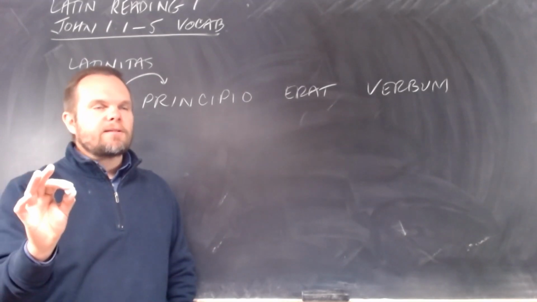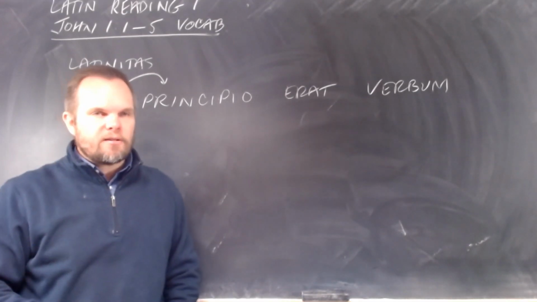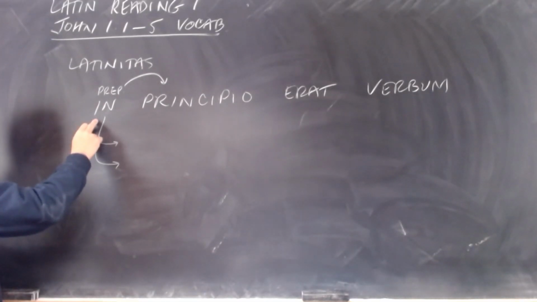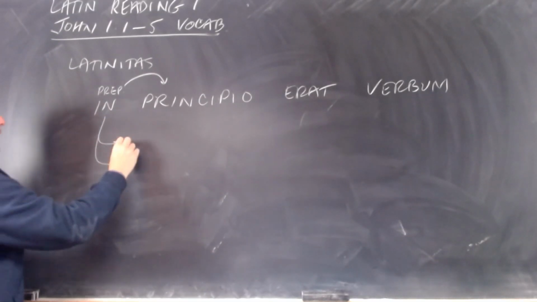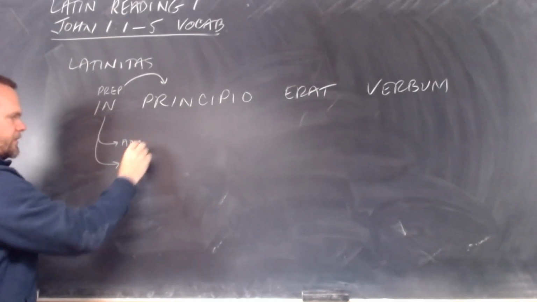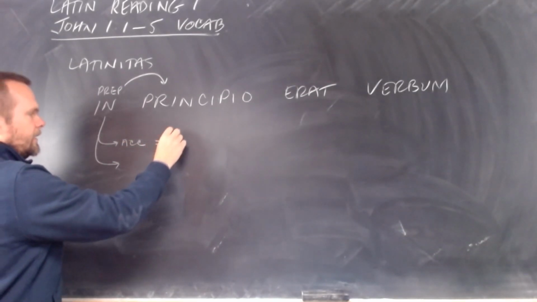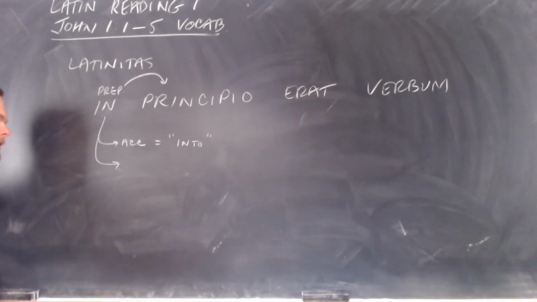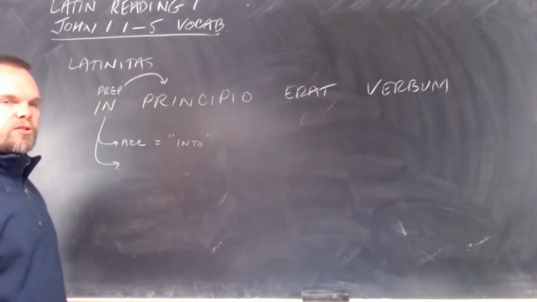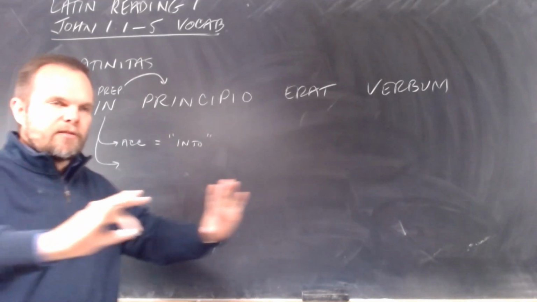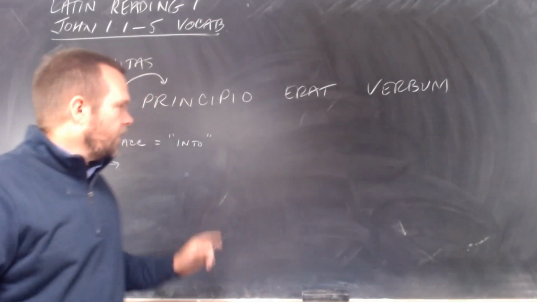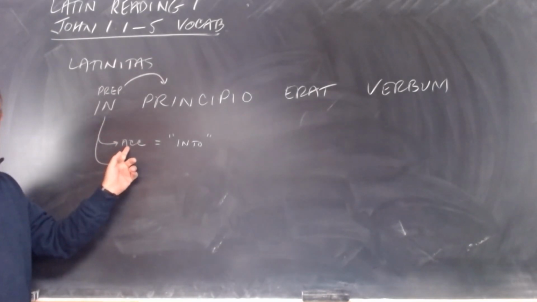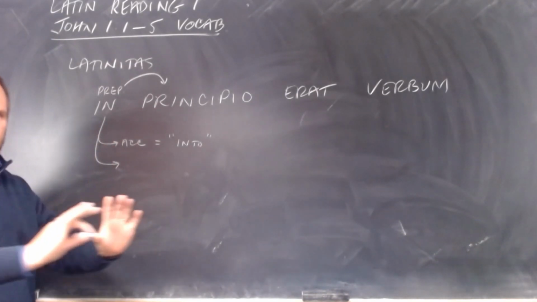And the case helps you to read and translate the noun. If the preposition in is followed by a noun in the accusative case, then the meaning is into or unto or to. It has an idea of motion.